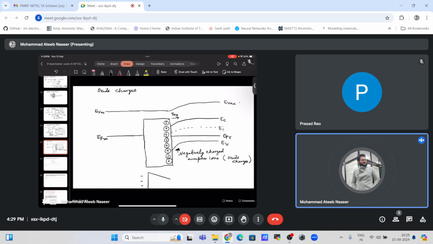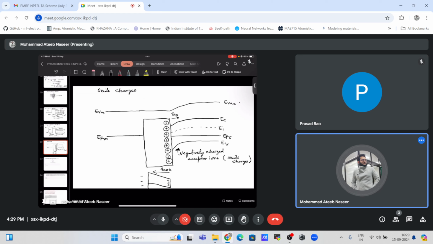Okay, this will be the negative charge, and this will be the positive charge that will be built up. This will be positive charge, this will be positive charge, and the bands will be flat in that case. Okay, and this will be the electric field in the oxide at that time.